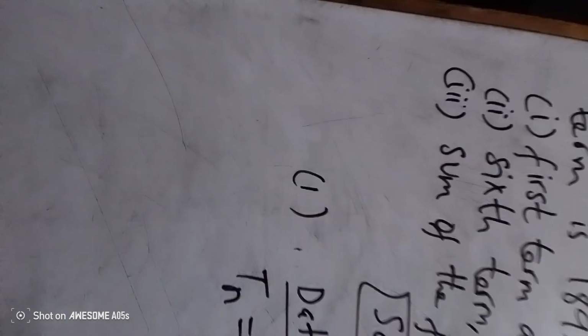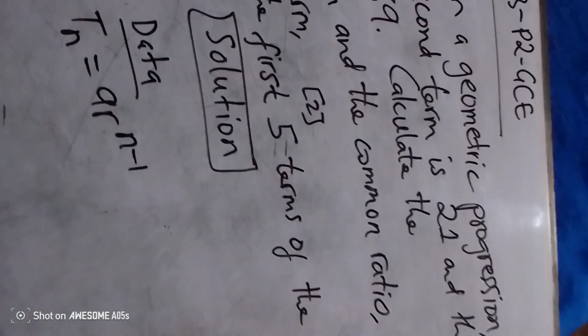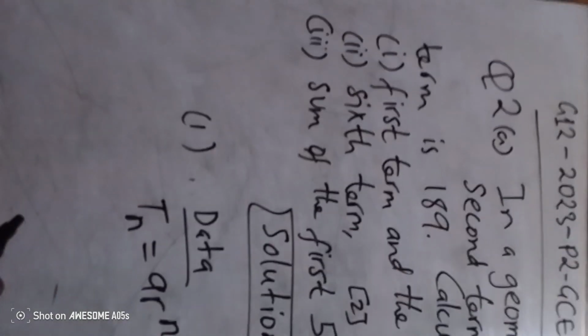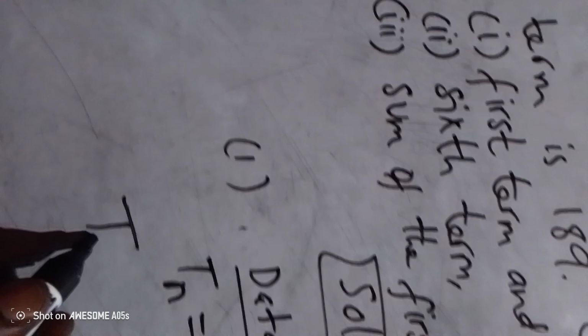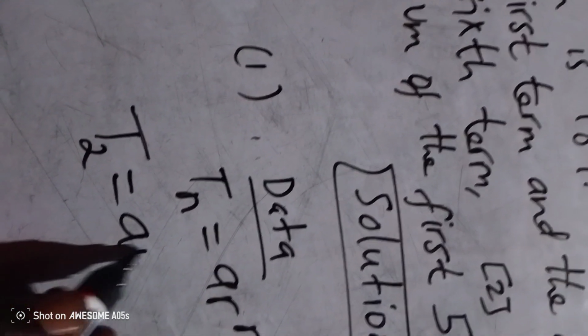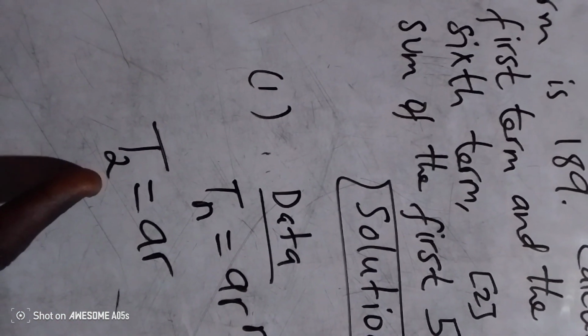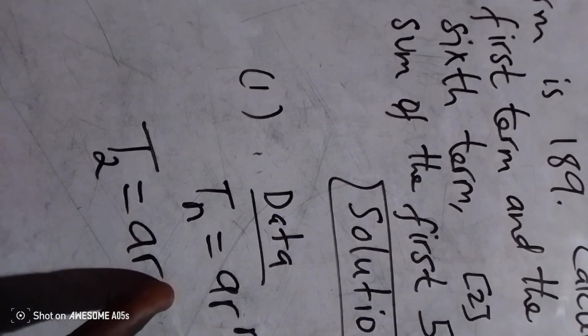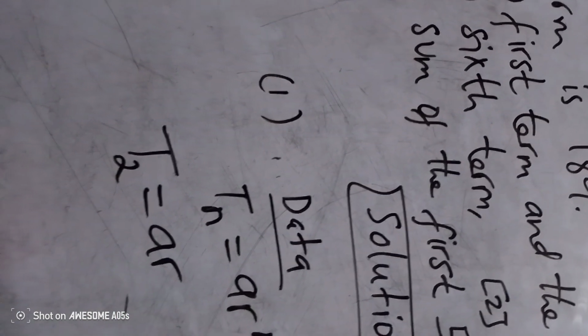In our case, the question says the second term is 21 and the fourth term is 189. So T2 equals a r, since the power of r should be less by 1.